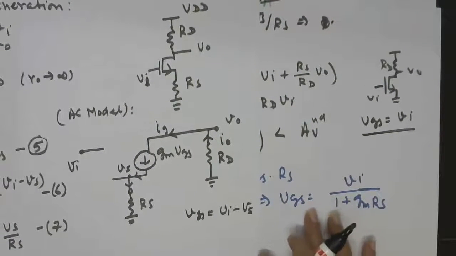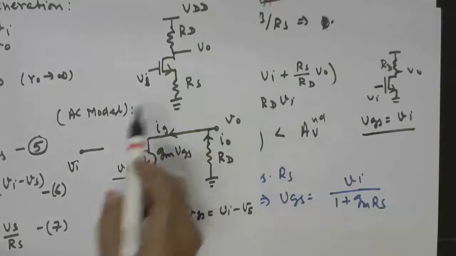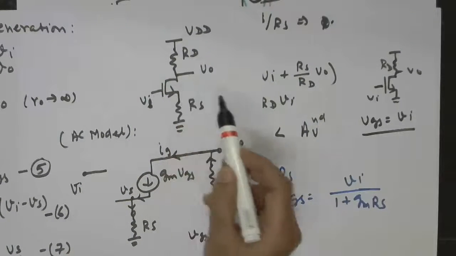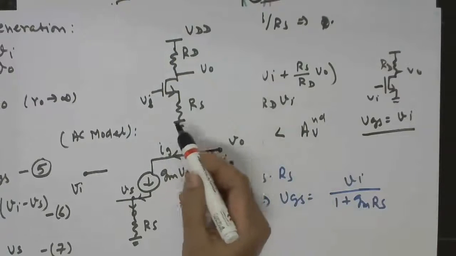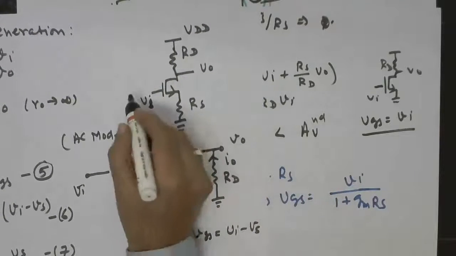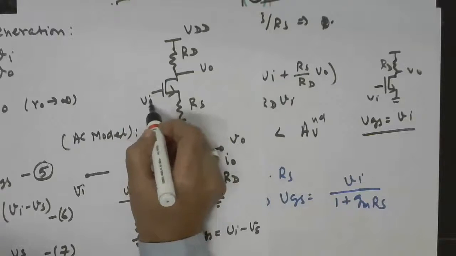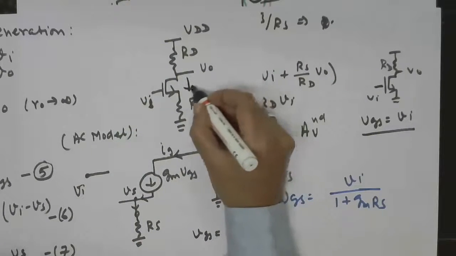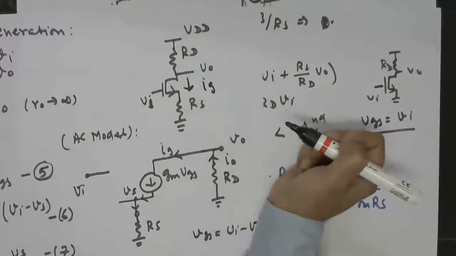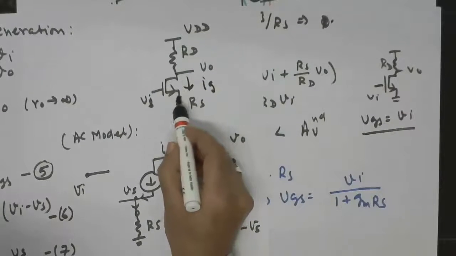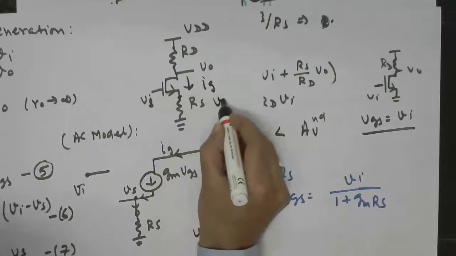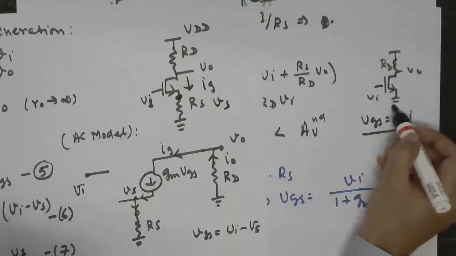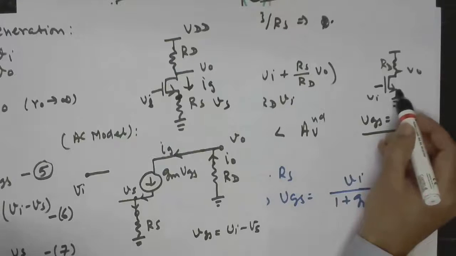Again, this explanation is from mathematics, but qualitatively, from this circuit itself, we can guess that this should happen. When you have a certain input, that will produce a time varying current Ig, and that time varying current will now produce a time varying voltage Vs at the source, which is zero in the undegenerated case.